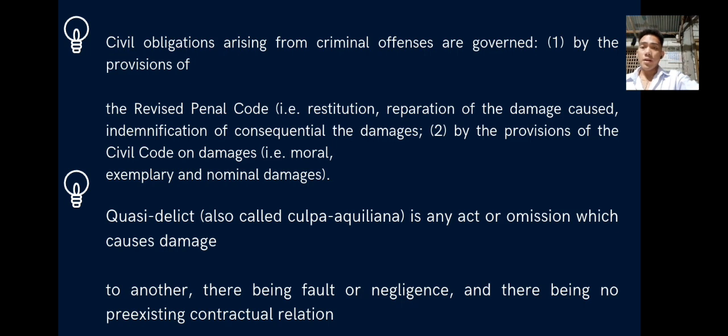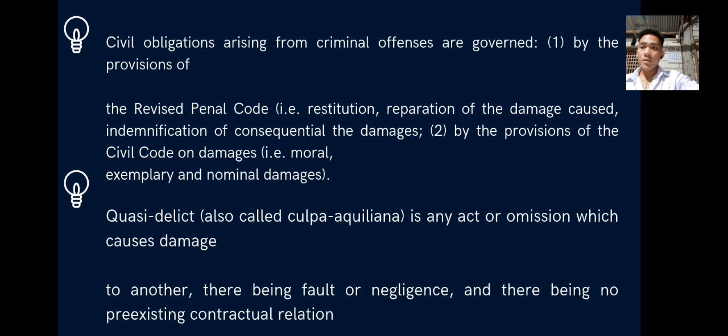Civil obligations arising from criminal offenses are governed by the provisions of the Revised Penal Code: restitution, reparation of the damage caused, and indemnification of consequential damages.